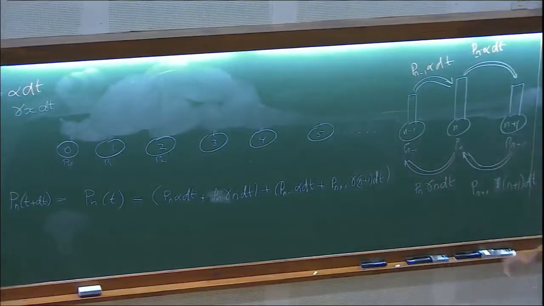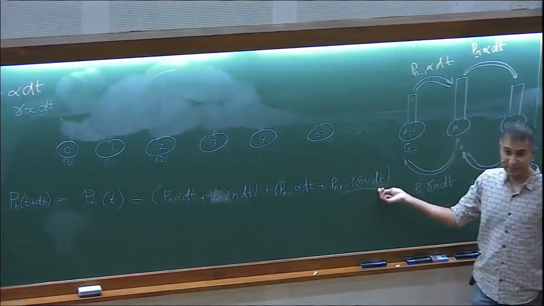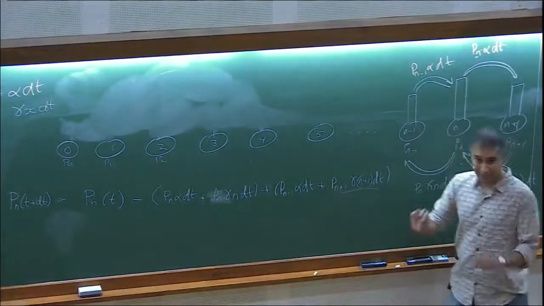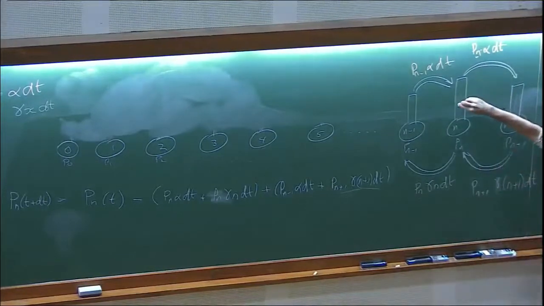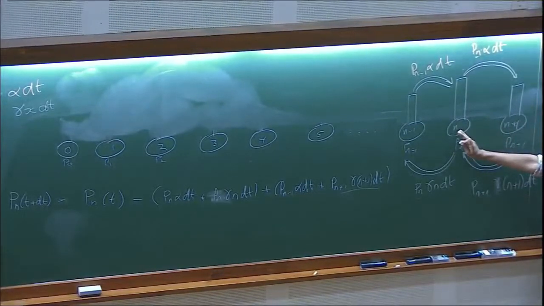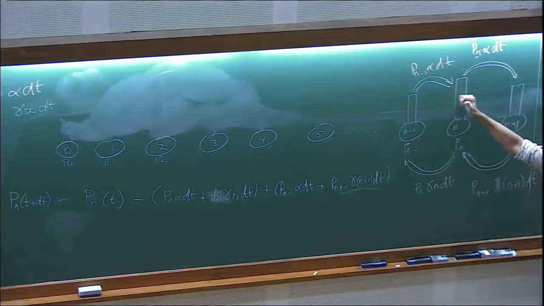That's this arrow. And when people first see this, they get a bit confused because this is a decay process, but it comes in with a plus. What is going on? Nothing complicated is going on. I'm talking about the number of cells here, and that number of cells will increase because cells here lost an mRNA. That's all. Yes? We are looking at the total number of cells in this bin.